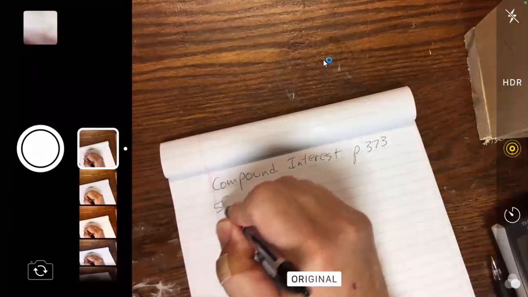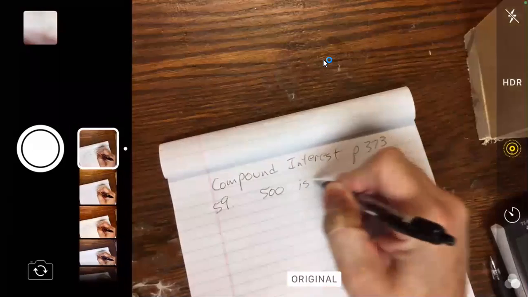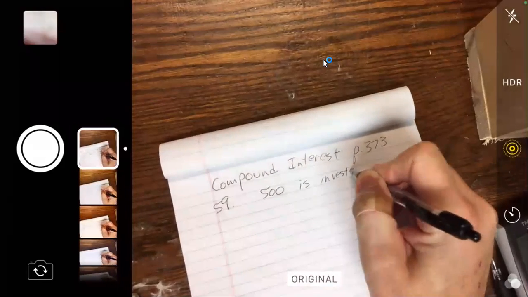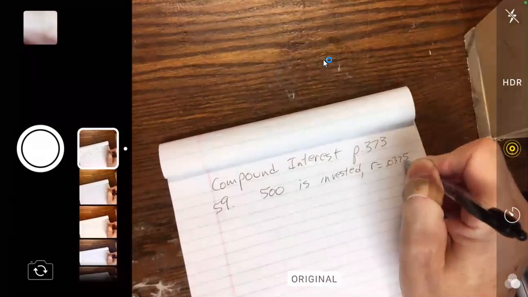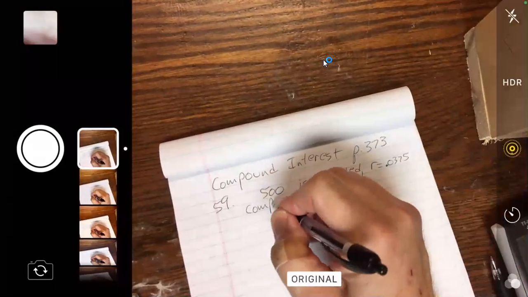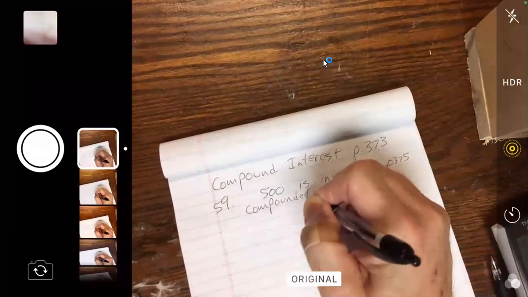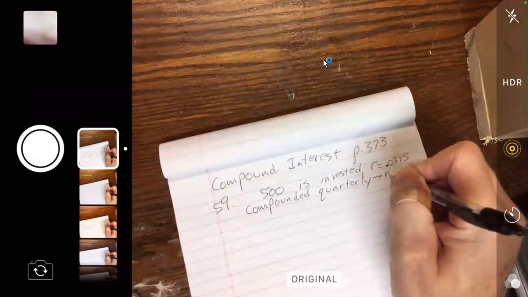We try 59. 500. R equals 0.0375, 3.75%, compounded quarterly. That would be N equal 4.